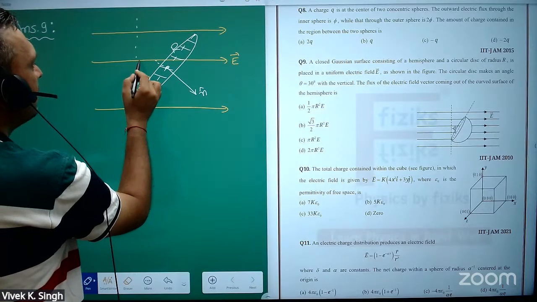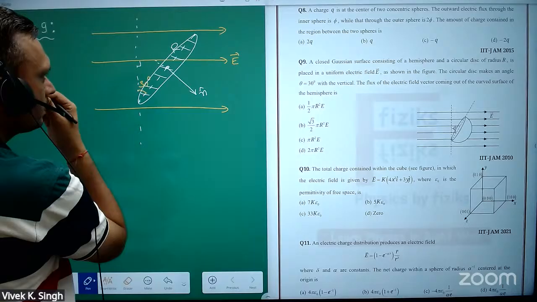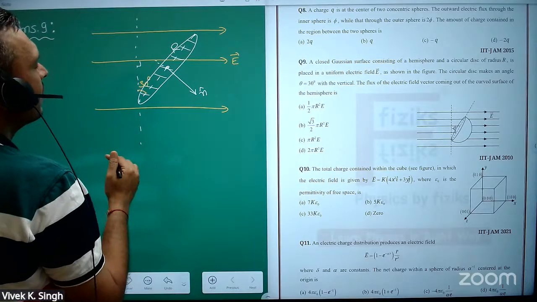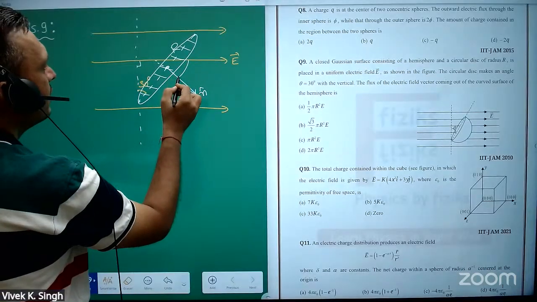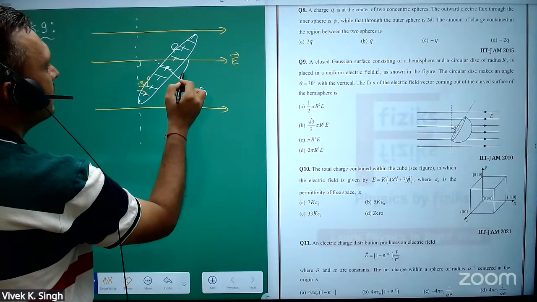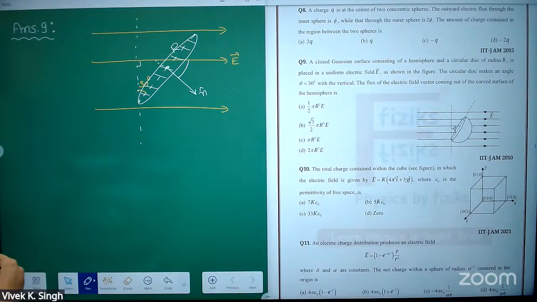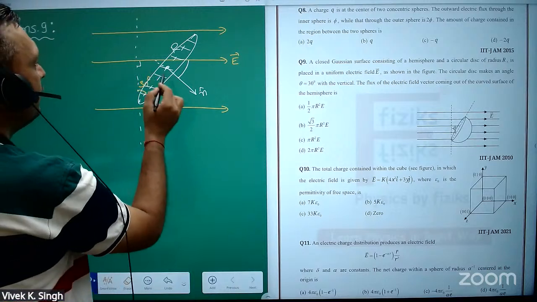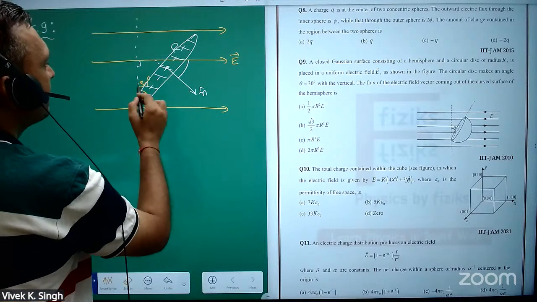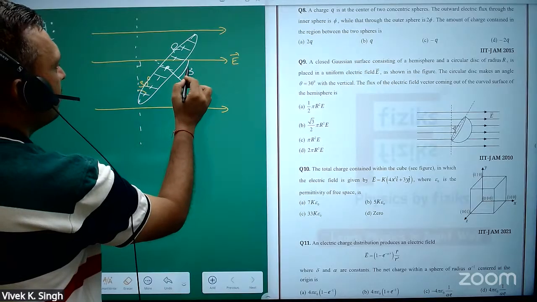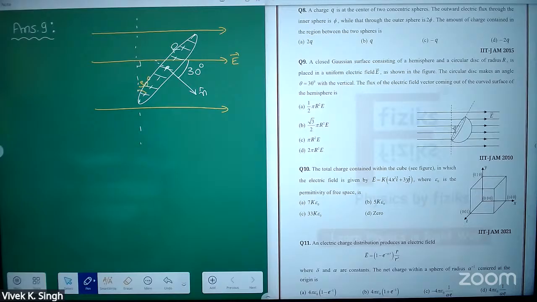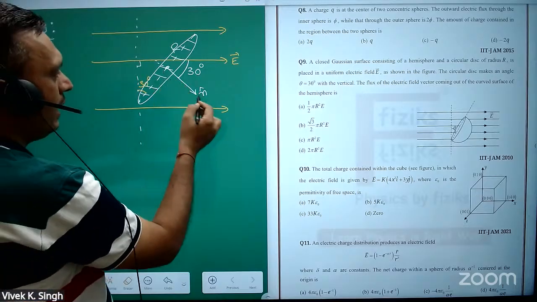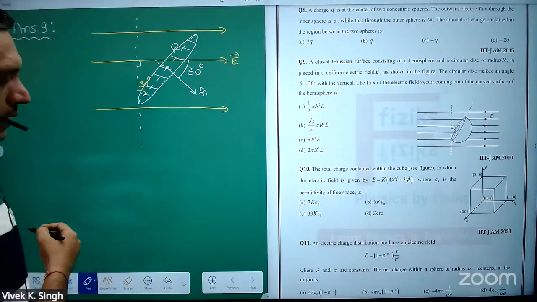This is 30, this is 90 degrees. So what will be this angle? Can you find this angle? Because you have this line and this makes an angle of 30 degrees, this will also be 30 degrees. So the angle between the electric field and the area element is 30 degrees.